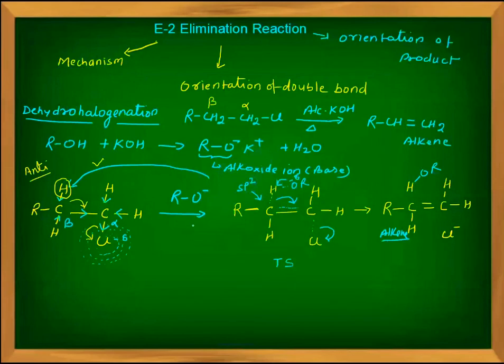Why is this called E2 elimination? This reaction takes place only in one step, where the reaction involves simultaneous bond formation and bond breaking. That is why the reaction rate is directly proportional to the concentration of alkyl halide as well as the base. So this is a bimolecular reaction. The molecularity of the reaction is 2.